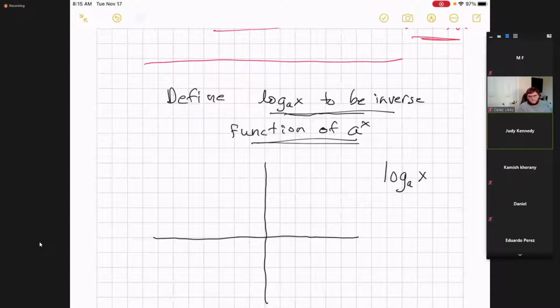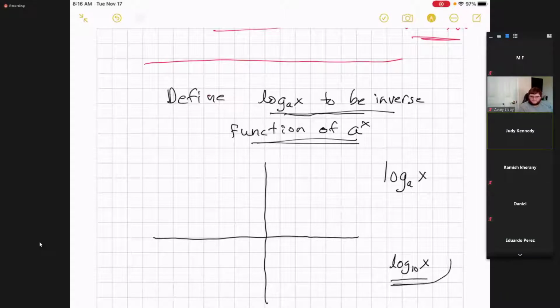Okay. Probably in some previous math course, you talked about this function, log base 10 of x. Do you all remember that? Yes, ma'am. Okay, good.